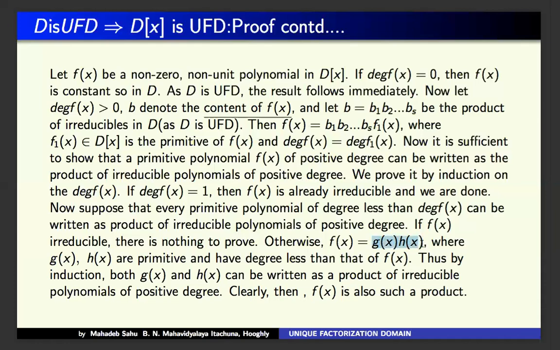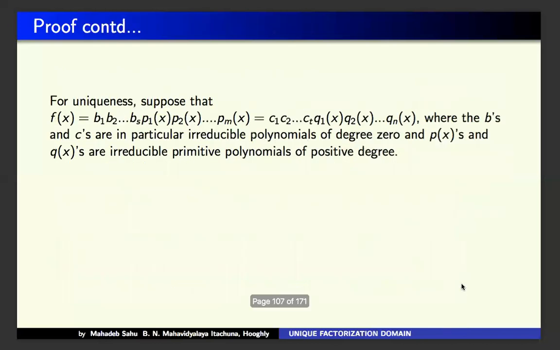Now just multiply them, so this gives a product of irreducible polynomials. So f(x) is also such a product. Therefore, f(x) can be written in the form of a product of irreducible polynomials.